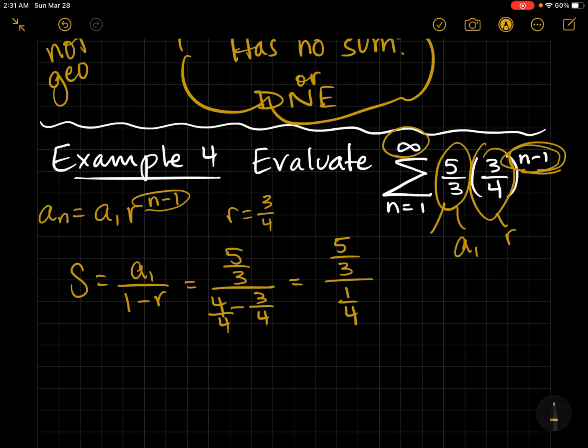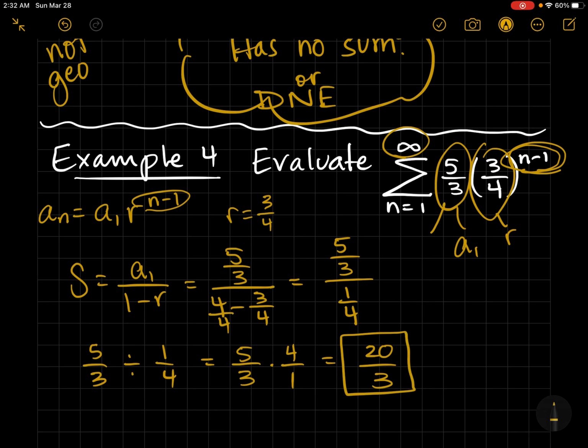So that's 1/4, and we have 5/3 divided by 1/4. Flip that second fraction, and I get 20/3. And that is my sum. If I were to add, starting with 1 and going forever, I'd get 20/3.